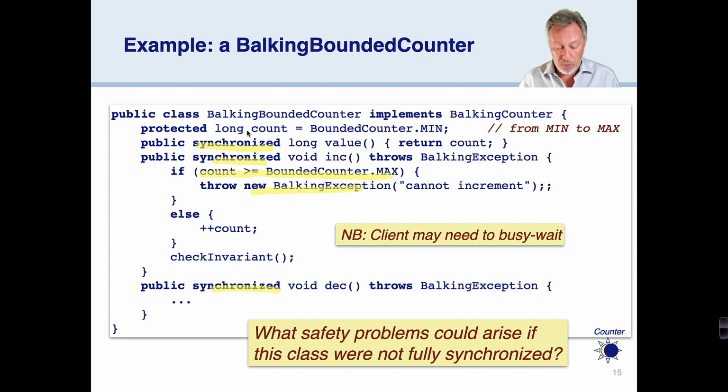Another important point that I want to underscore here is you might well say, oh, well, updating a count variable, that's going to be atomic anyway. So why do we need any synchronization? Well, as it turns out in Java, modifying or incrementing an integer value is guaranteed to be atomic, but not incrementing or decrementing a long.